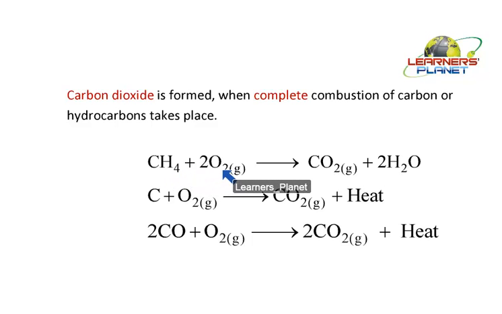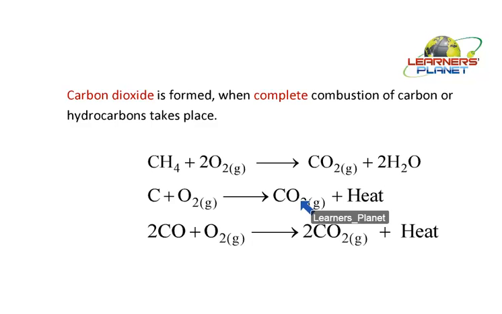Methane undergoes complete combustion in the presence of a large amount of oxygen. It forms carbon dioxide and water. But had the oxygen been insufficient, what would have been the product? Carbon monoxide.